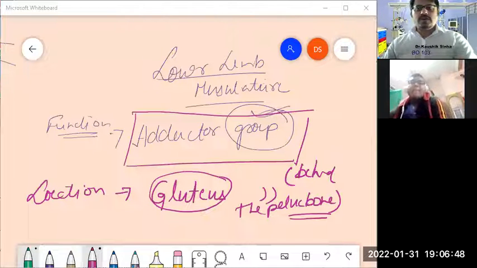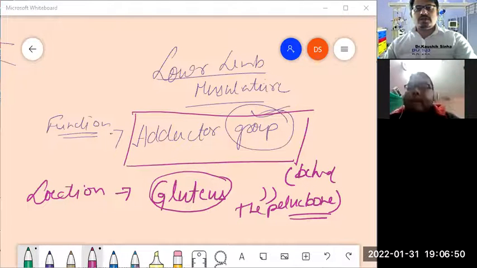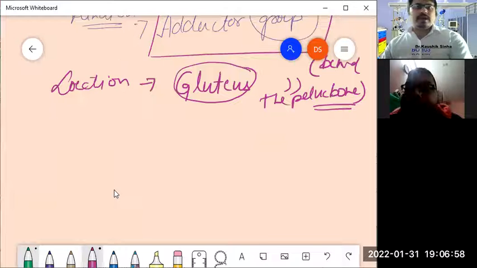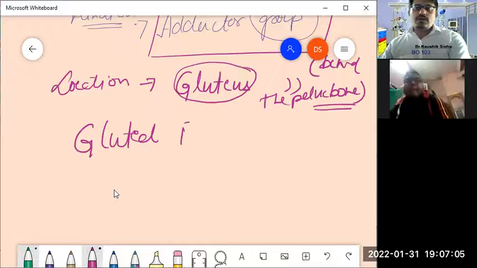First, I will refer to this area, which is known as the gluteus or the gluteal region. Many people call it the buttock area in Bengali; it is behind the pelvic bone, that is the gluteal region.